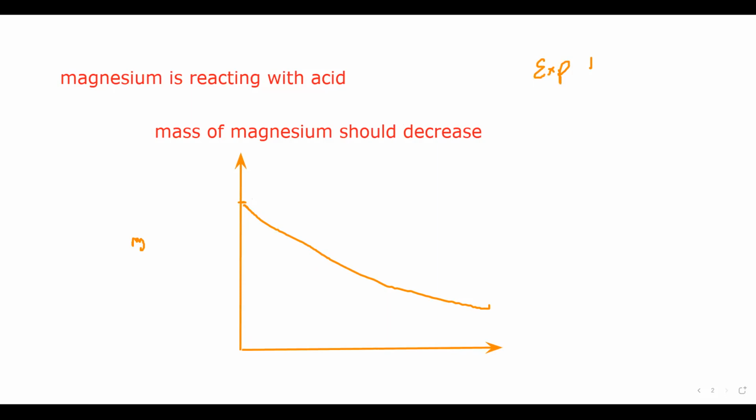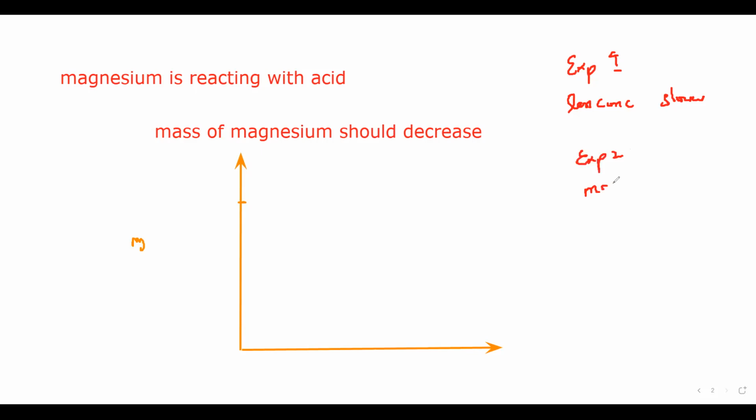In experiment 1, the acid was less concentrated, so it will have a slower reaction. In experiment 2, we use more concentrated acid, which means the reaction will be faster.